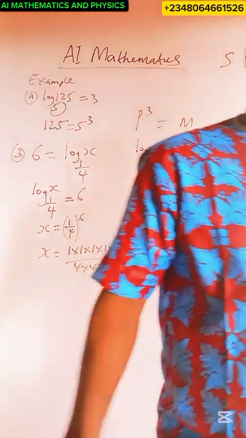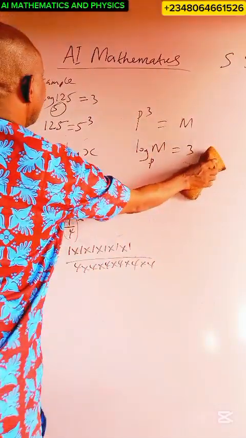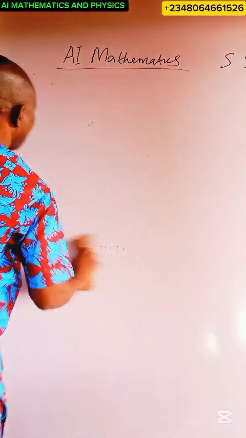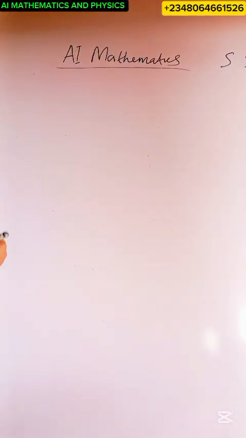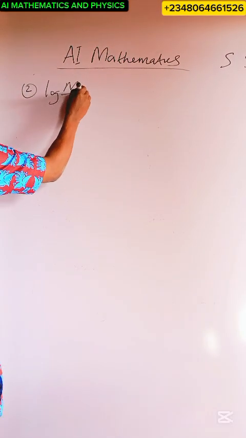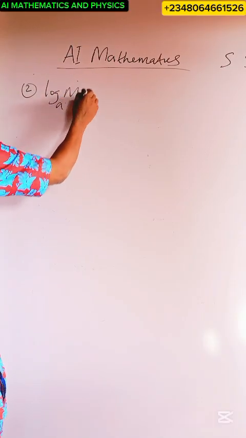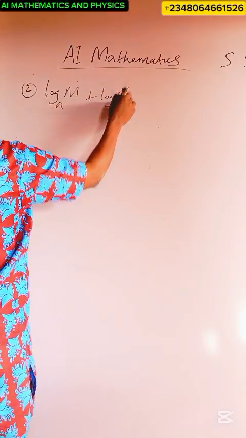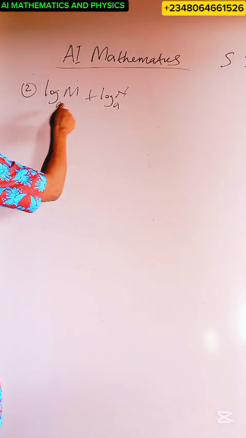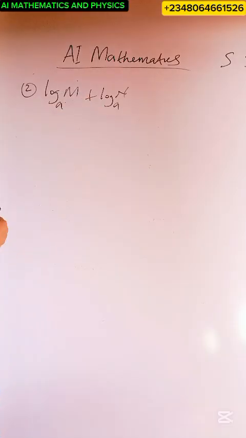Now, let's state all the rules before we enter real questions. Another rule: log m plus log n, both base a. You know, they have the same base a, and we have addition in between them.